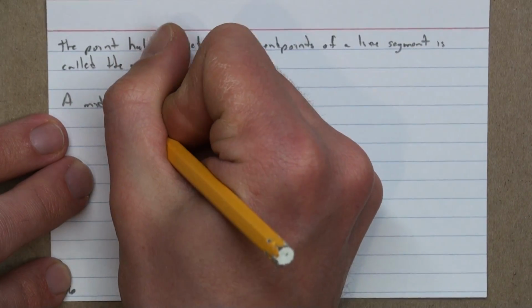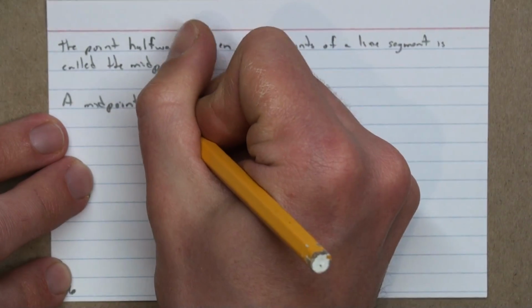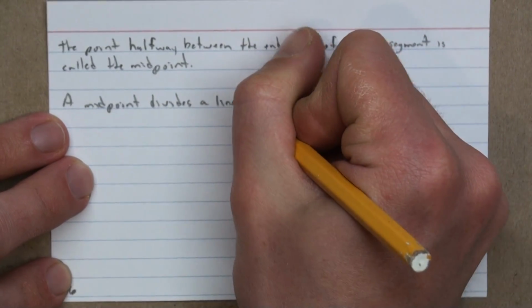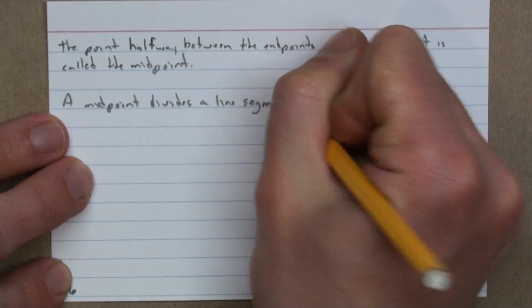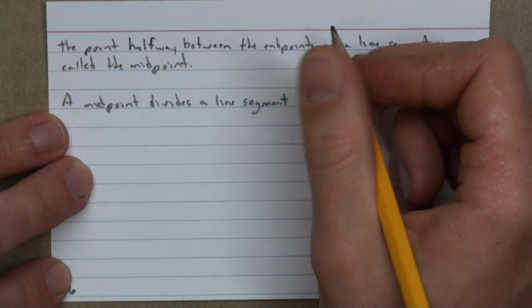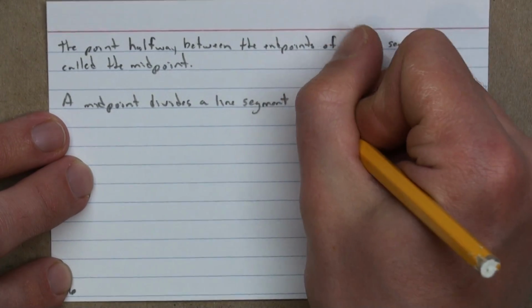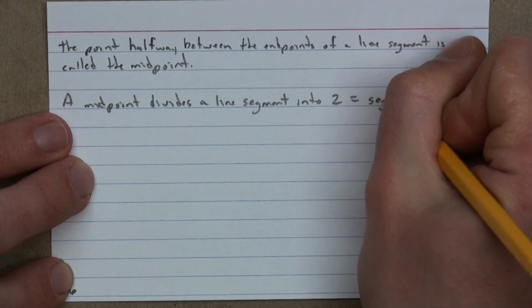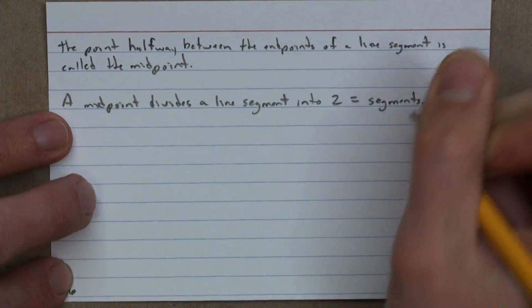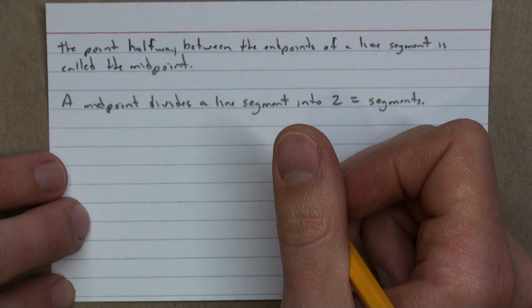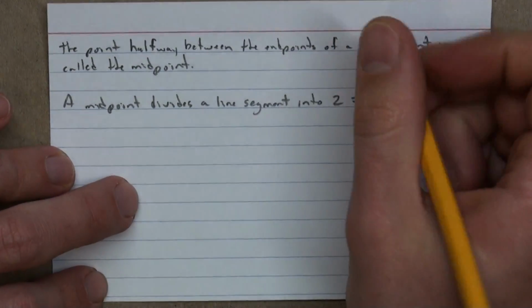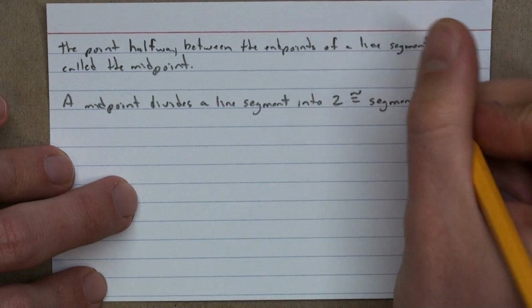A midpoint divides a line segment into two equal segments. Actually, two congruent segments.